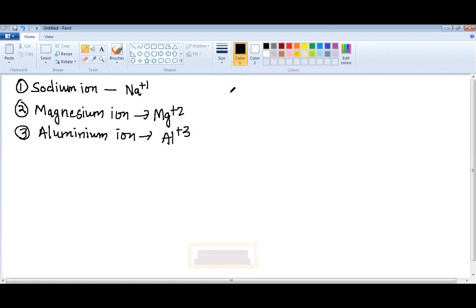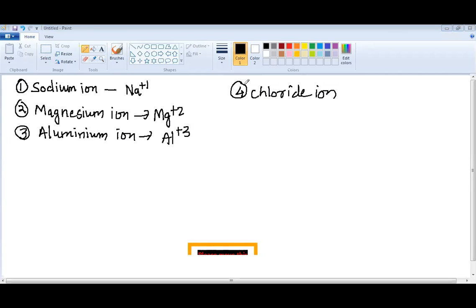In the same way, my dear students, let us choose some anions like chloride ion, which is Cl minus 1. Then we can choose other ions like the oxide ion.